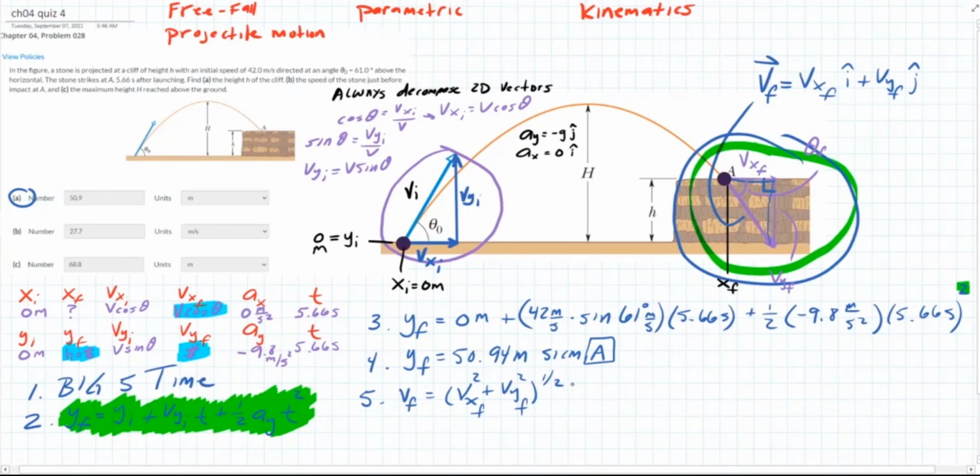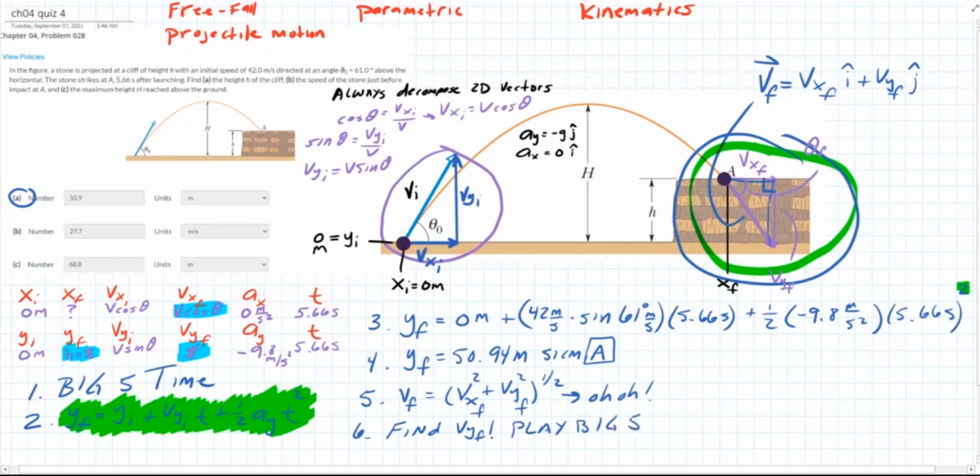So let's go ahead and plug in. Can we get the speed of the stone? Oh, you know what I need to do? I need to find VY final. Play the Big Five game again.